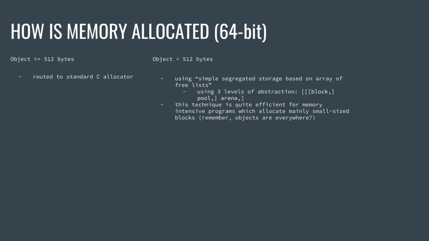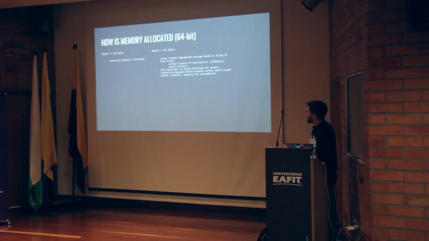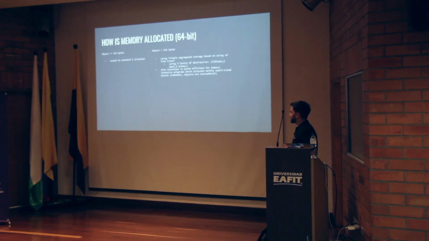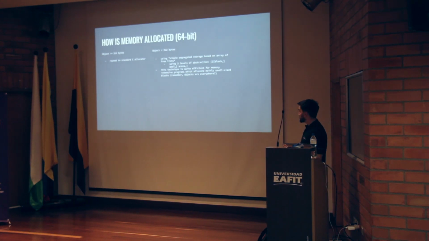I think it's half of that size in 32-bit, but I guess nobody is using 32 bits and we shouldn't care about it. Allocation of objects which are bigger than 512 bytes is pretty straightforward. It is using the PyMalloc allocator to allocate the C memory. So if you ever coded in C, I think you have the basic overview of how that happens, and it's kind of boring.